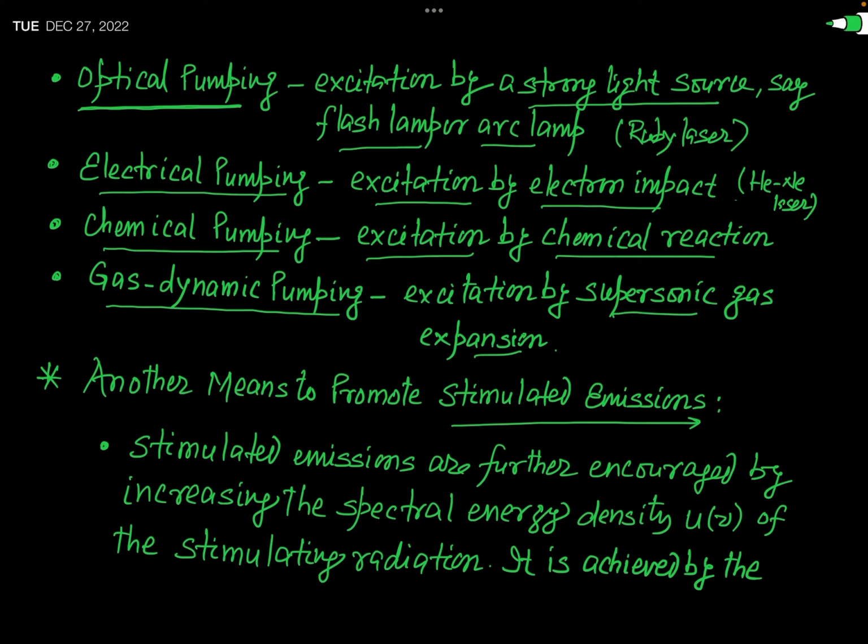Only then will the stimulated emission dominate over the absorption, and we will get the highly amplified laser light. But to promote this stimulated emission, there is another technique too, and that is also utilized in all of the laser systems.